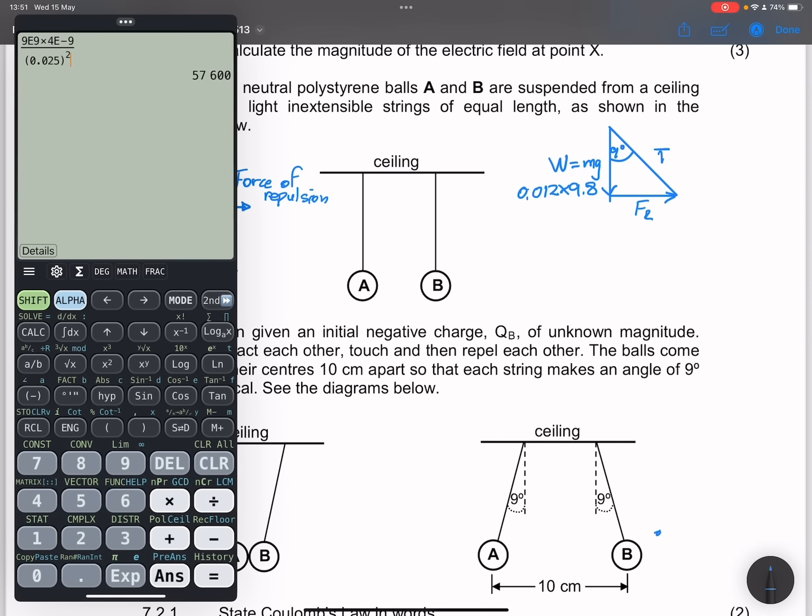Now let's calculate that. 0.012 multiplied by 9.8. Okay, so I'm going to take that value, I'm not going to round it off. 0.1176 newtons. So that's the value of the weight of the balls, right?